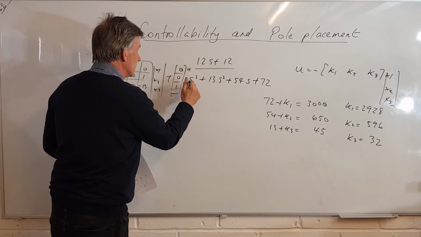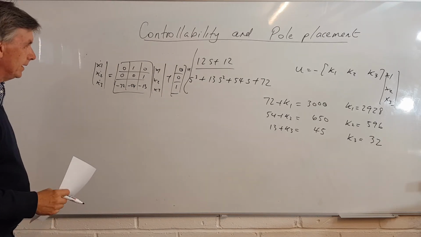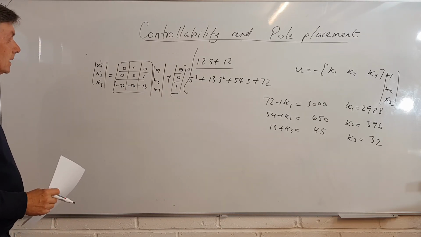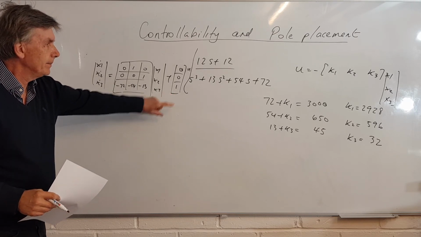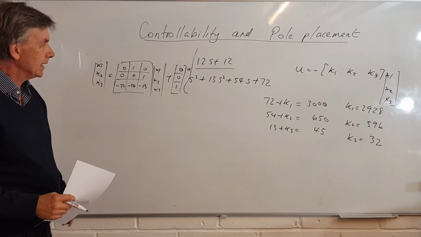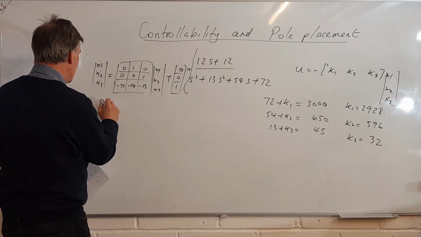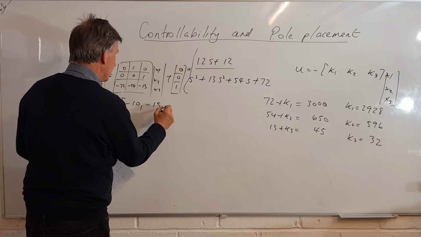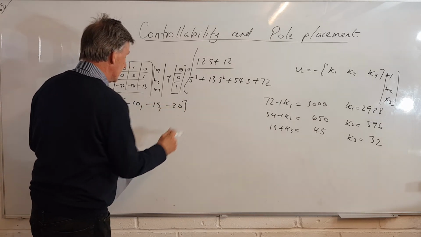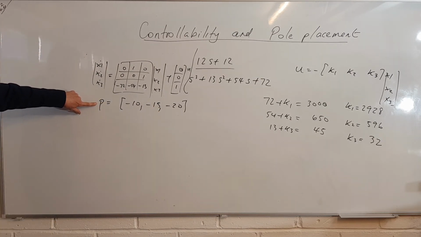And we don't need the C matrix in this particular case. So we know this is the A, this is the B, and we also have the desired pole locations, P, and we can put those as -10, -15, -20. So there's the three pole locations which we define as little array P.